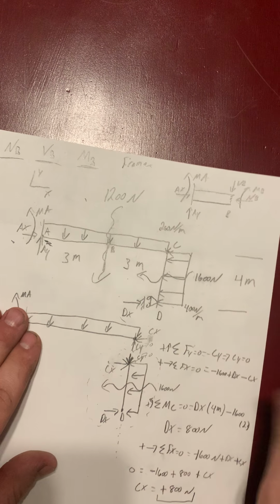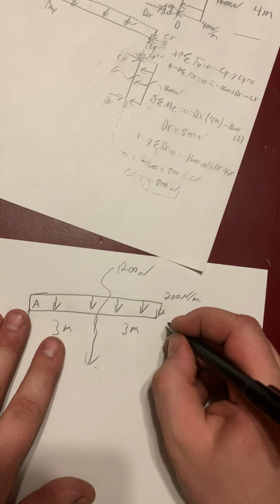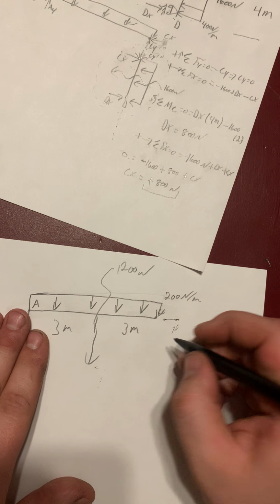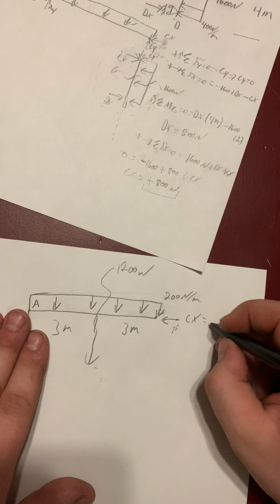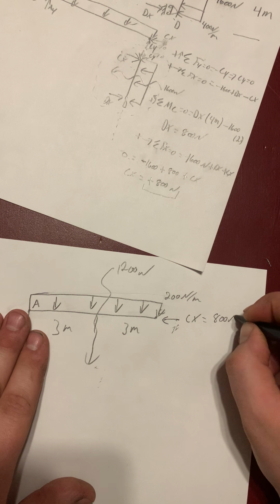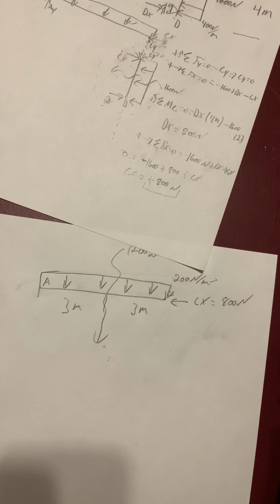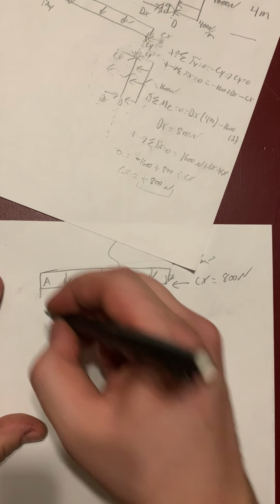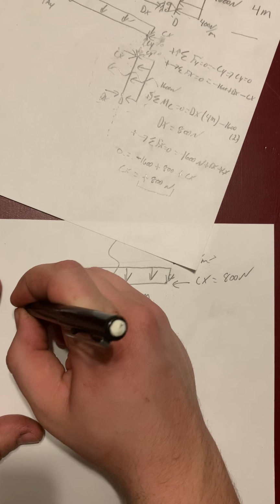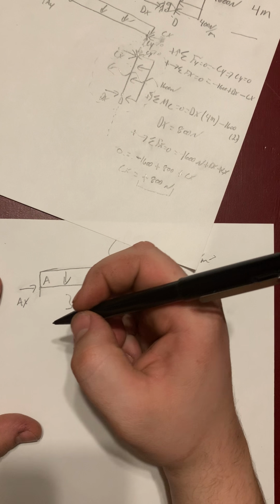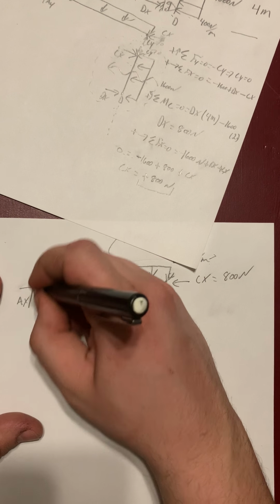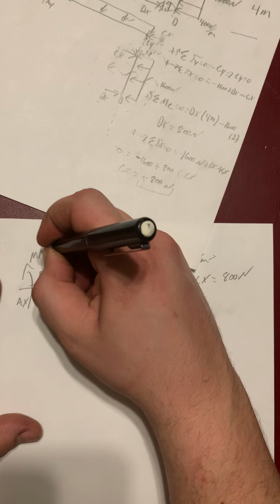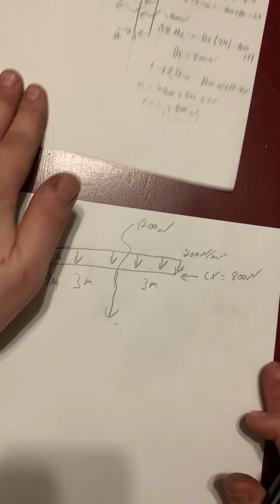And from our diagram up above, we know this CX acts to the left. So in this diagram, CX acts to the left, and it is equal to 800 newtons. Over here, we still do not know AX, we still do not know AY, and we still do not know moment about A. Those are all just positive assumptions.